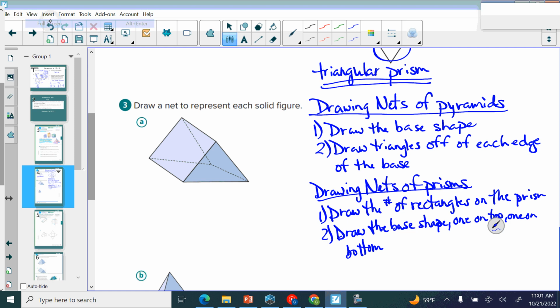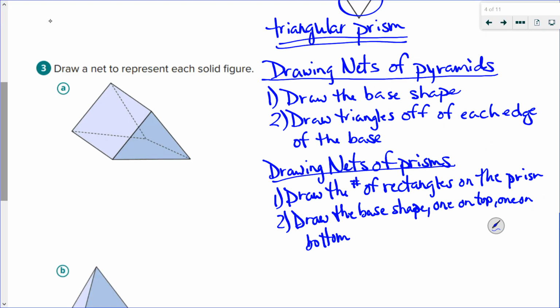Okay, so as you can see, it starts with identifying my figure. So let's look at part 3A. What is the figure? Name it for me. What kind of prism? Triangular prism. Remember, when we name it, we start with our base. So this is a triangular prism. So if I look at my notes, drawing nets of prisms, I'm going to draw the number of rectangles on the prism first.